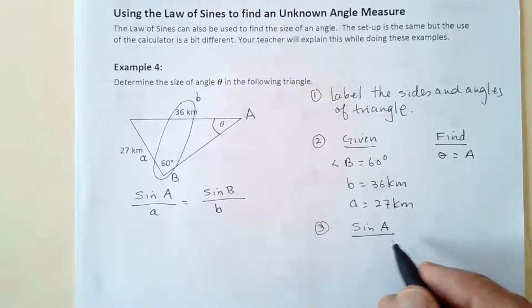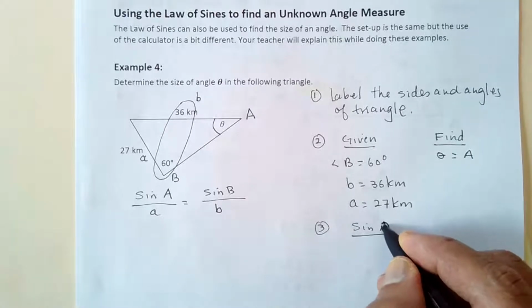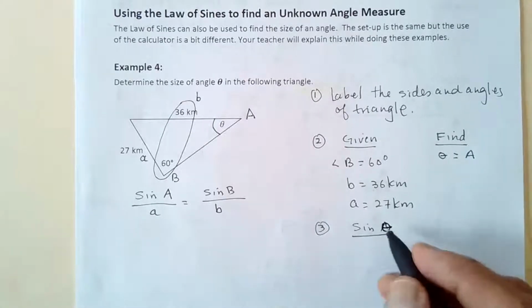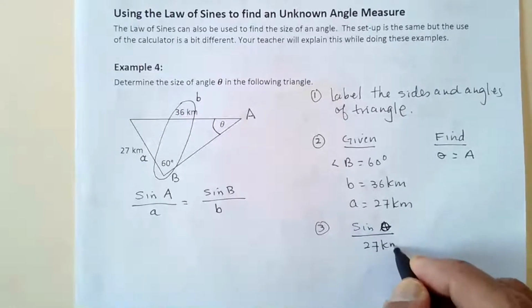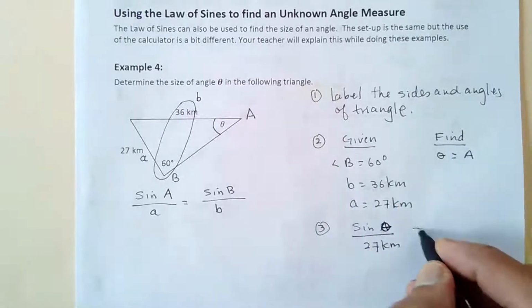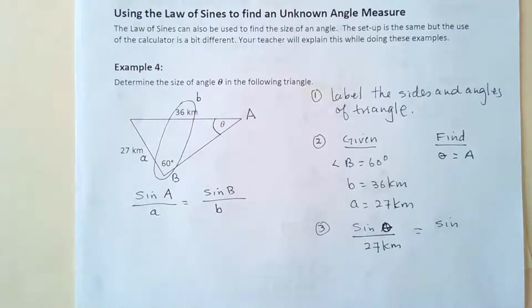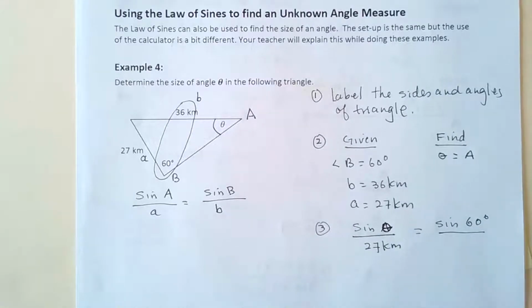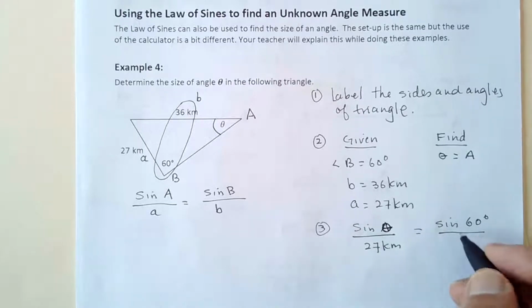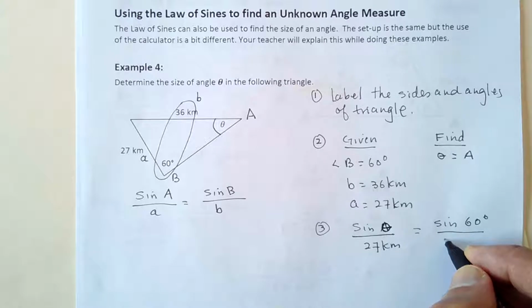That is our unknown, so we can record that as theta, over side A, which is 27, is equal to sine angle B, which is 60 degrees, over side B, 36.